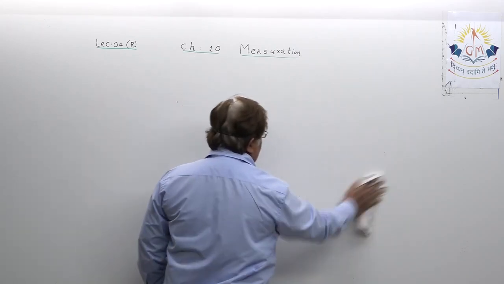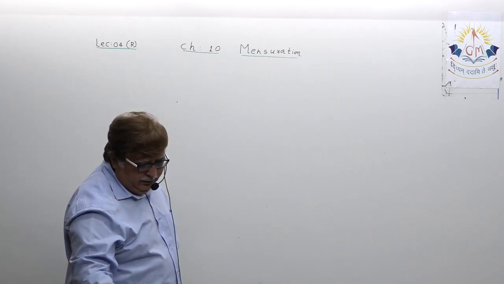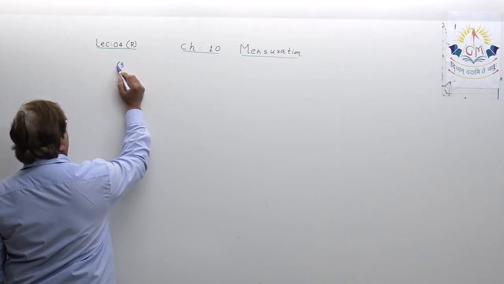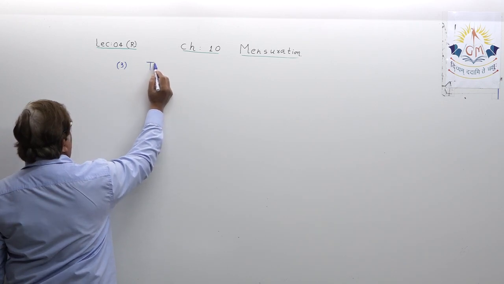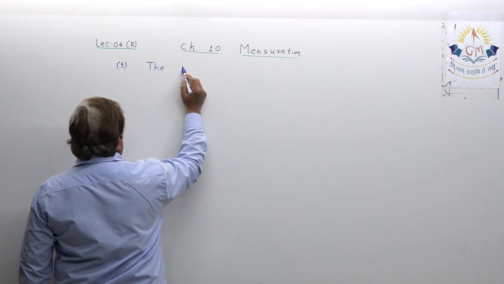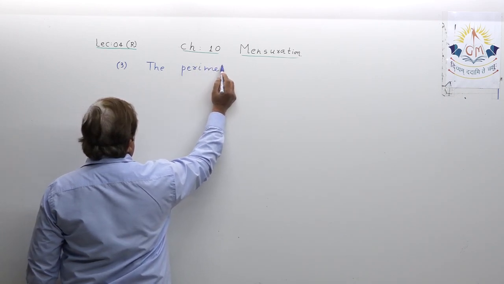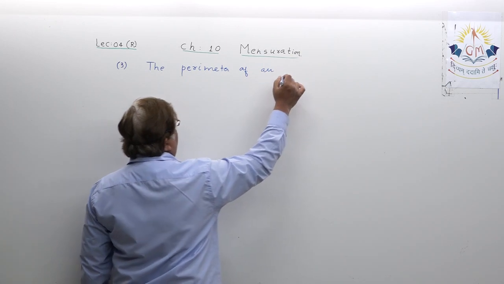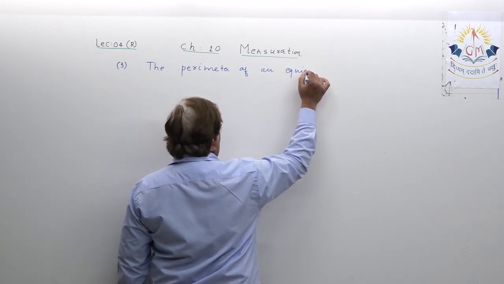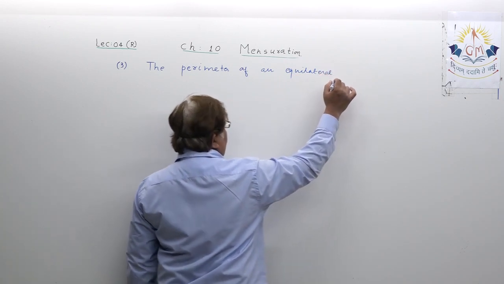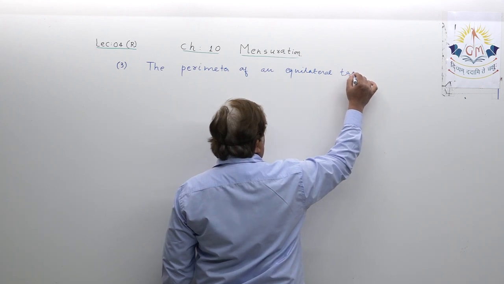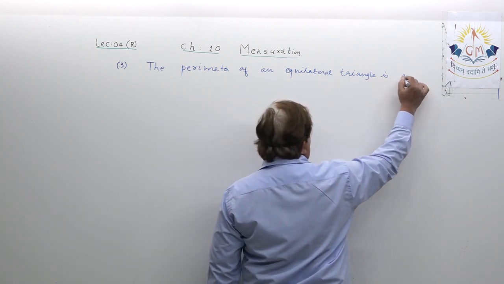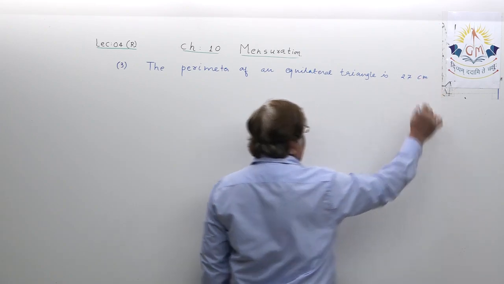Suppose I am writing the example first. Suppose you are given this way, please note down: the perimeter of an equilateral triangle is 27 centimeter.